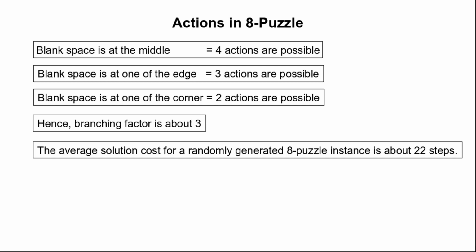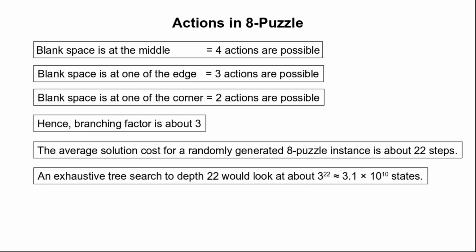From some states we may need to make more than 22 steps. From some states we may need to make fewer than 22 steps, but on average we need to make about 22 steps to reach the goal state from a randomly generated initial state.